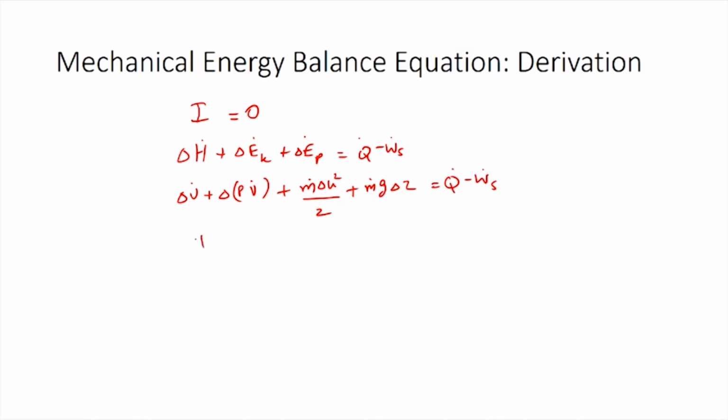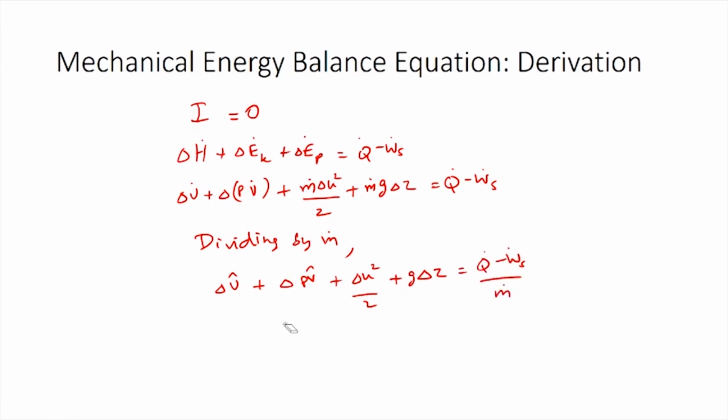This entire equation can be divided by m dot. When we do this, what you end up with is delta U cap plus delta PV cap plus delta u squared by 2 plus g delta z equals Q dot minus Ws dot divided by m dot.